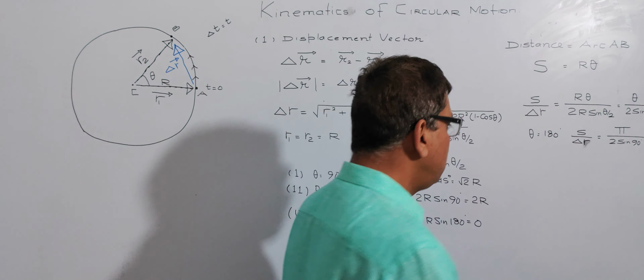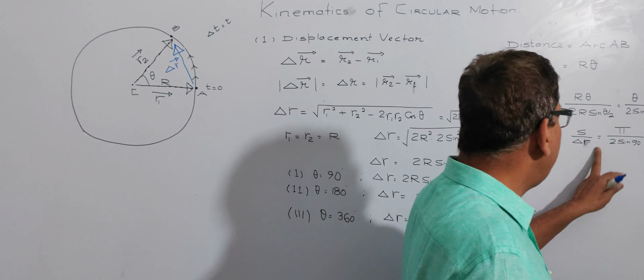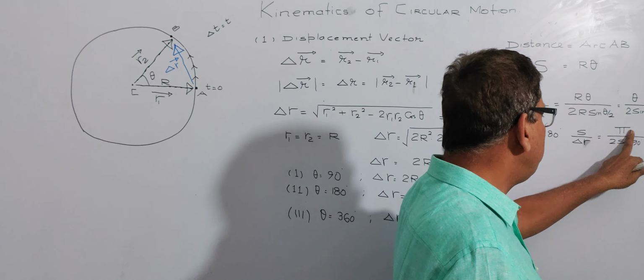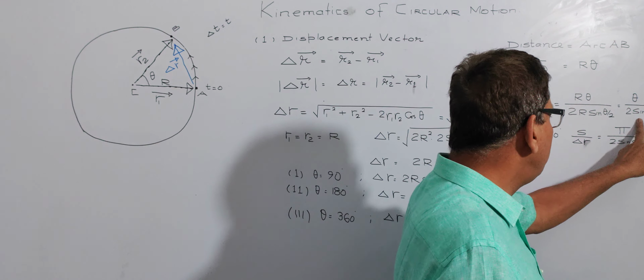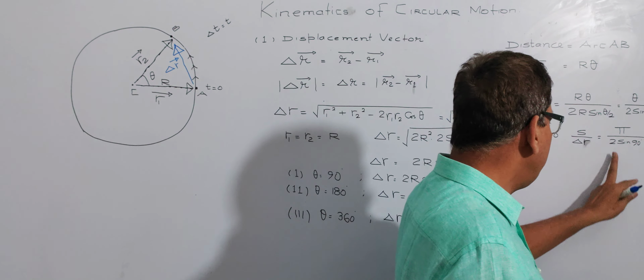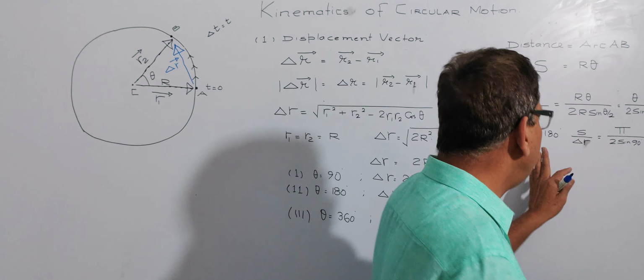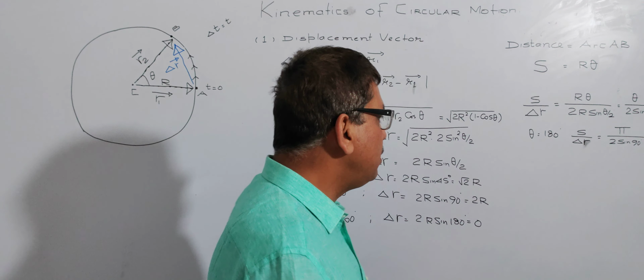The ratio S by delta r, theta is pi radian, so I can write theta is pi and then 2 sine theta by 2, 2 sine 90 degrees, sine 90 is 1. So pi by 2, the ratio is pi by 2. Is it clear?